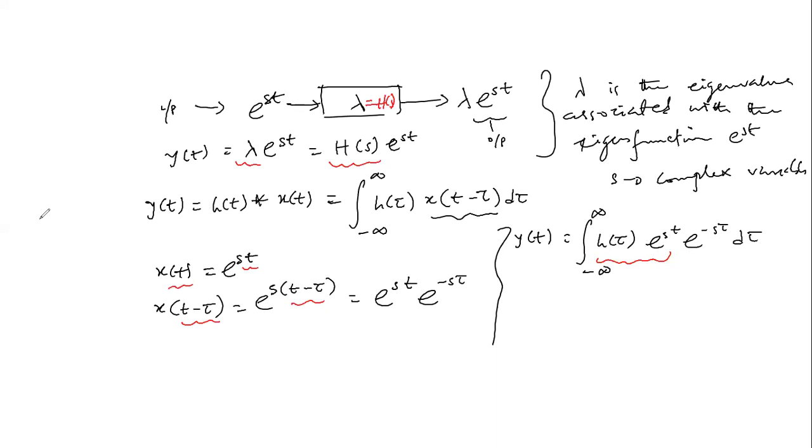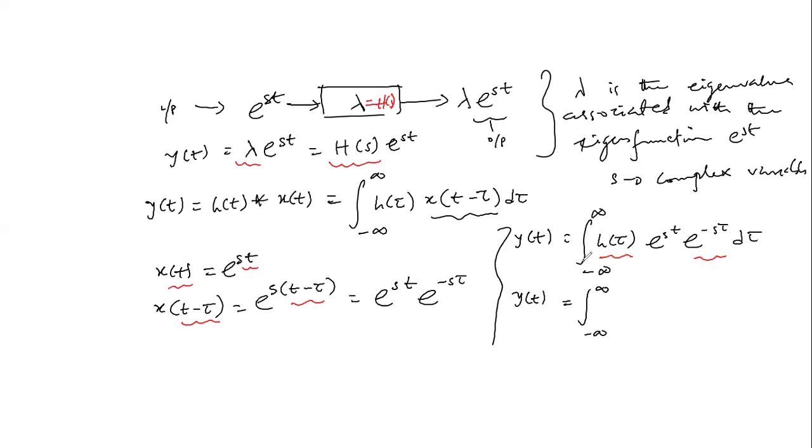So y of t will now be the same as the integral from negative infinity to positive infinity of h of tau, e^(st)... Okay, sorry, I think I just grouped them wrongly. Sorry for that. Here we have this and this in terms of tau, so we want to group them.